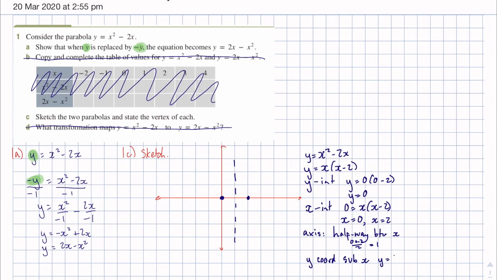So y equals 1, 1 take 2, y is negative 1. So we're turning here. That looks like a weird face. Okay, so it's going to go like that. It's going to go like that. So that's y equals x squared take 2x.